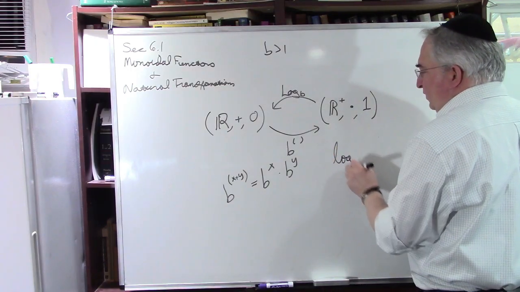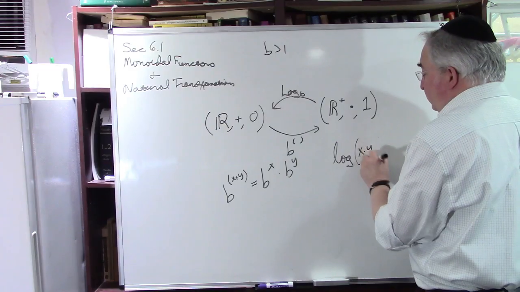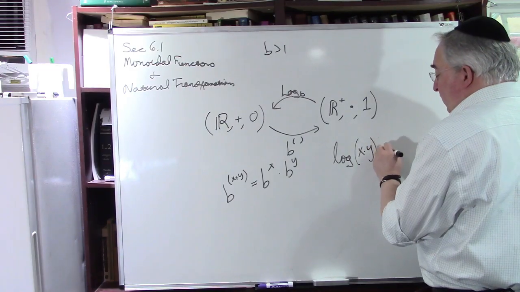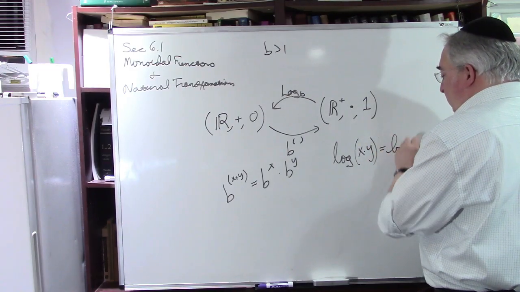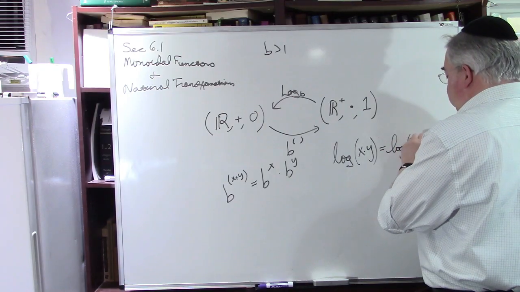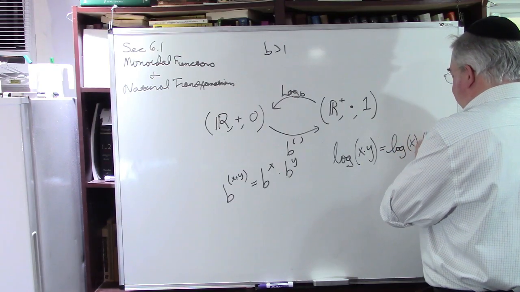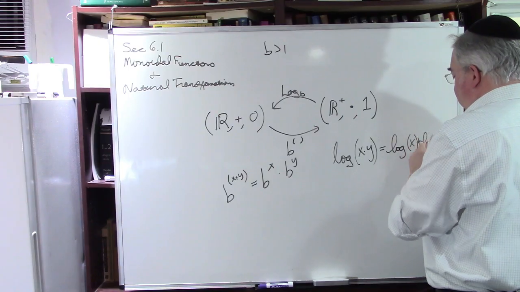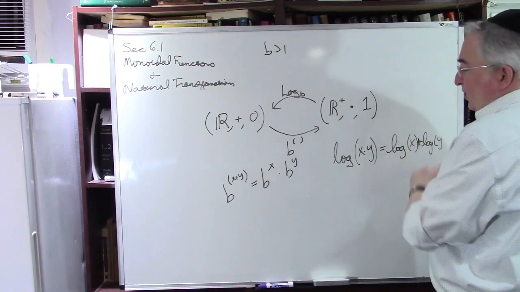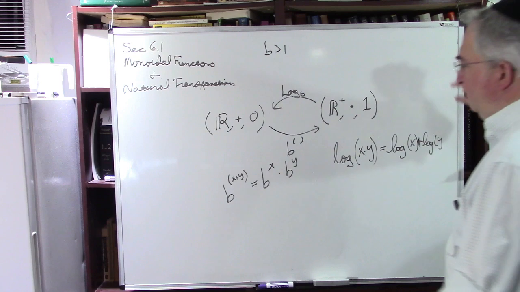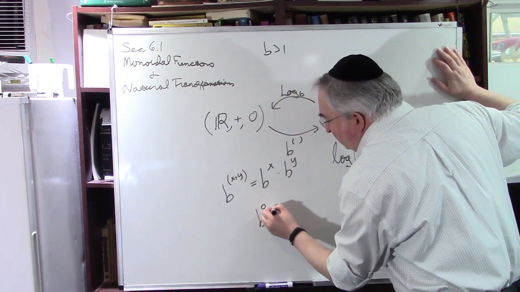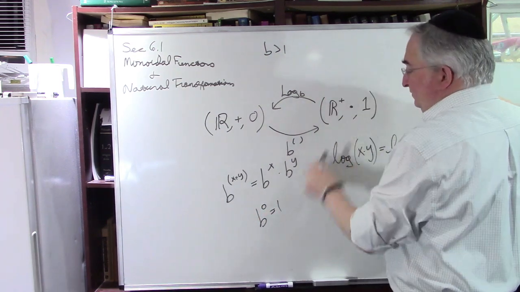So logarithm of x times y, which we may have learned in 9th grade, is equal to logarithm of x plus logarithm of y. Again, strict. By the way, let's just do the unit. B to the 0 is equal to 1. Okay?